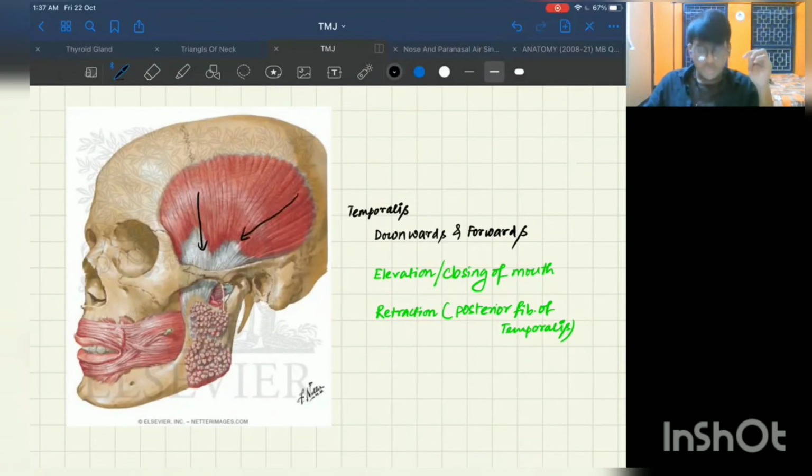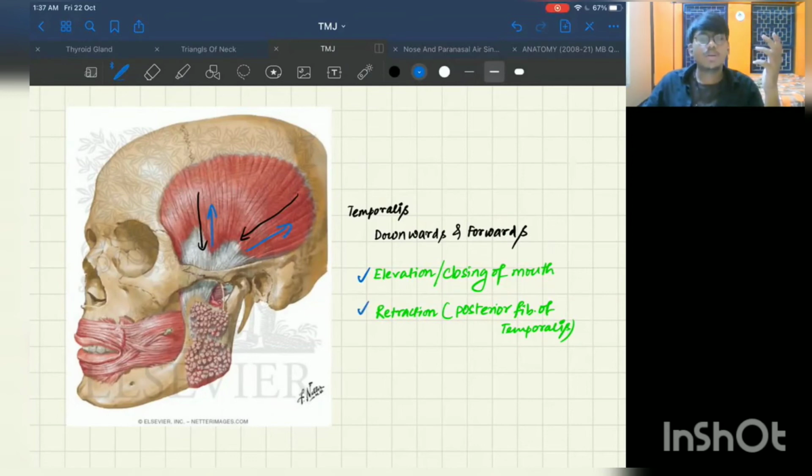So obviously, if these fibers contract, it will pull the mandible upwards, so it will help in elevation, right? And if these fibers contract, this will pull the mandible backwards. So this will help in retraction movement.